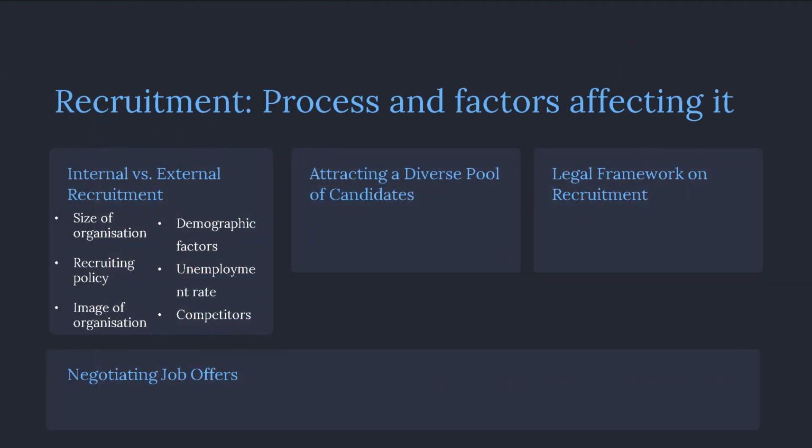Now, when it comes to the factors that affect recruitment, in an organization, recruitment is affected by both internal and external factors. The internal factors are related to the size of the organization, the recruitment policy, and the image of the organization. That is how it works when you are hiring people internally.